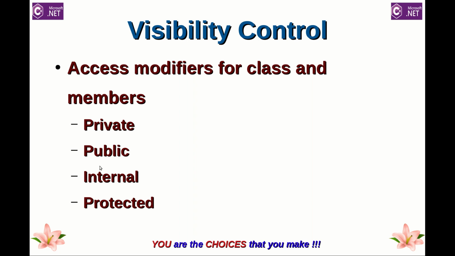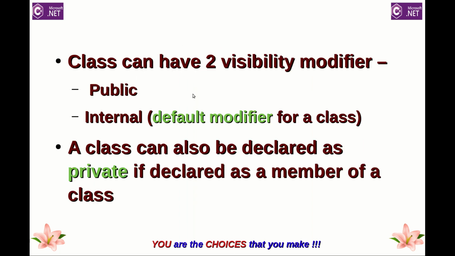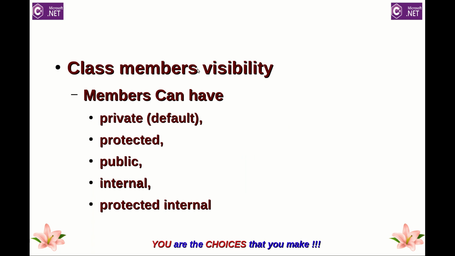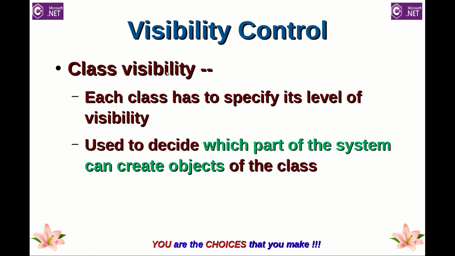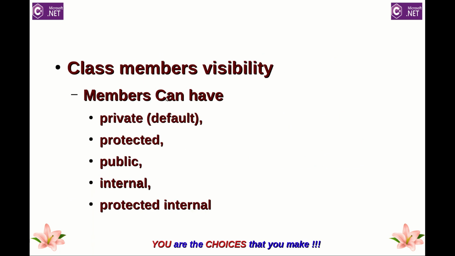These are the four possible access modifiers that we can see for a class or for a member to control the accessibility or visibility of that particular object or the member of that particular object. So when you take the visibility control, we can have class visibility as well as member visibility.